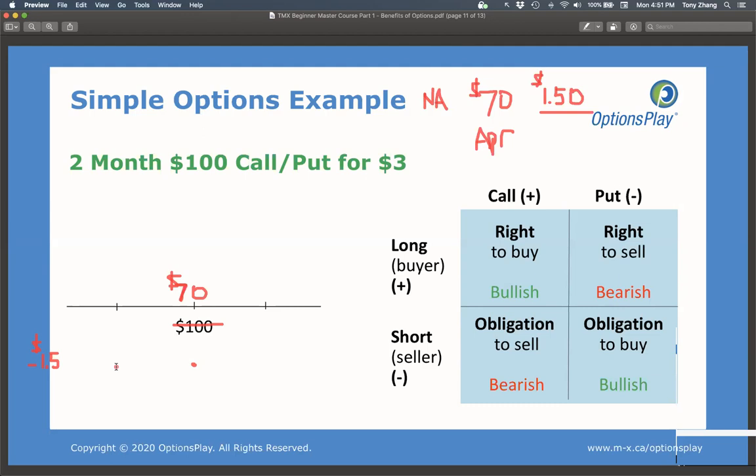So as a call buyer, I basically lose $1.50 no matter what if the stock goes below $70. At any price below $70, I've lost $1.50, okay? Because it doesn't make sense for me to buy the stock from the seller for 70 bucks if I can buy it on the open market for a cheaper price.